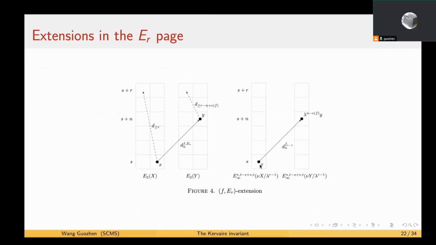And then on the E infinity page of nu X modulo lambda^{r-1}, this x survives, and this lambda to the n minus e(f) power times y also survives. And then we say an extension on the E_r page from x to y means the extension of this mod lambda^{r-1} reduction of the synthetic map has an f hat extension from x to y.